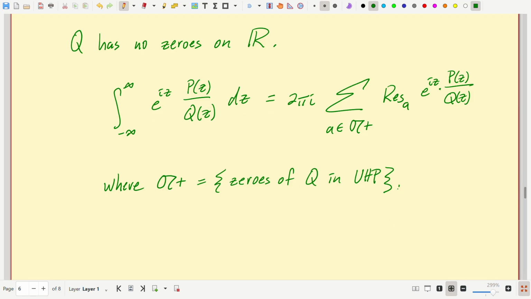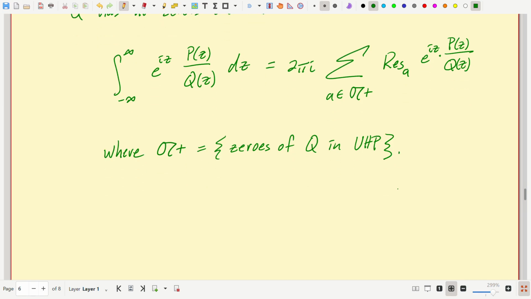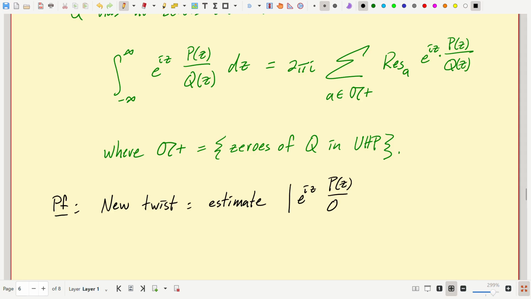And so the new twist here is to show that the integral around C sub r goes to 0. So when you estimate the new twist, estimate e to the i z P of z over Q of z on the circle of radius r like we did.